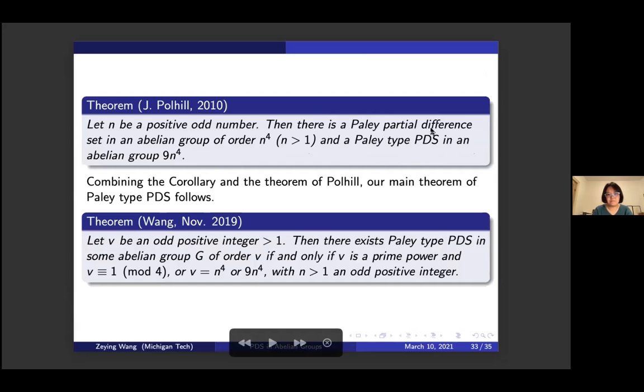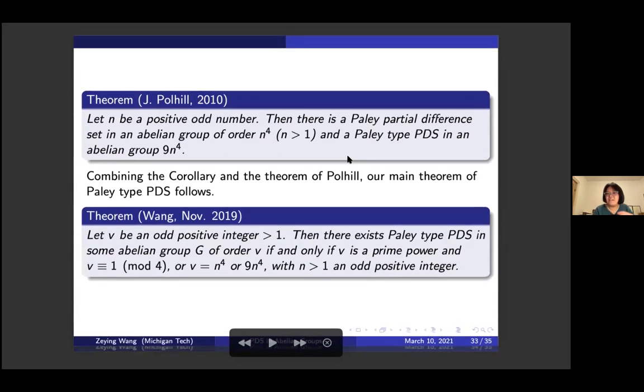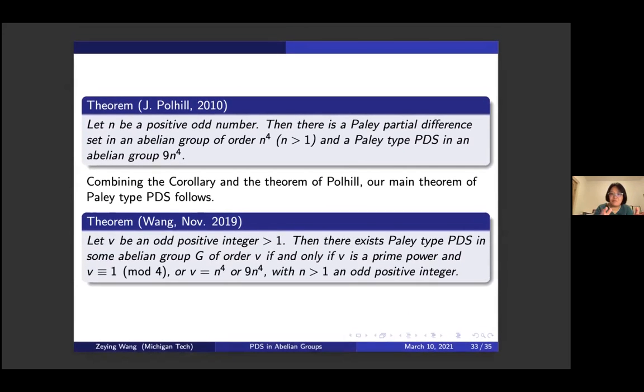Now, I said, okay, if you have it, it must be in those groups. And Jonathan Jedwab said, okay, we do have it, right? He has constructions in his paper from 2010. So because of that, we fully answered question 1, right?